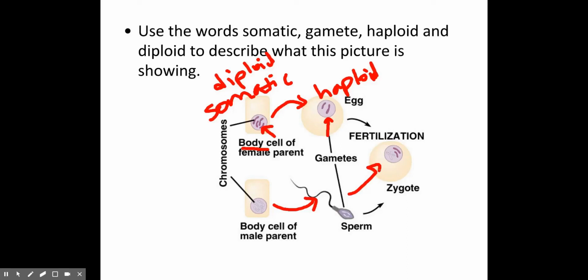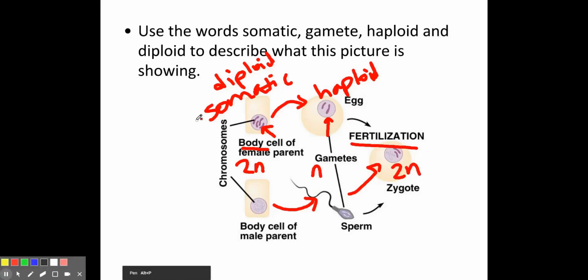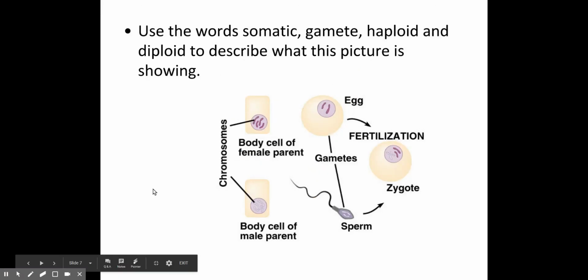That's the sperm and the egg, and then when those 2 combine, they are going to become diploid again. That's the process of fertilization. So we go from diploid to haploid back to diploid.